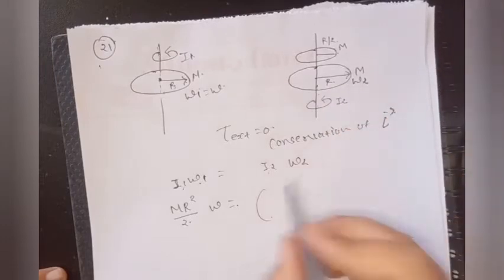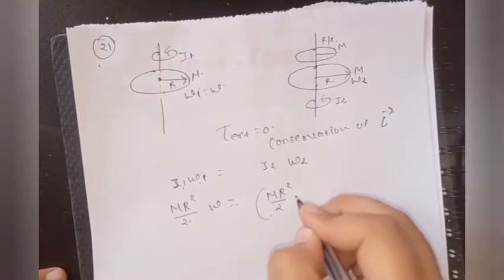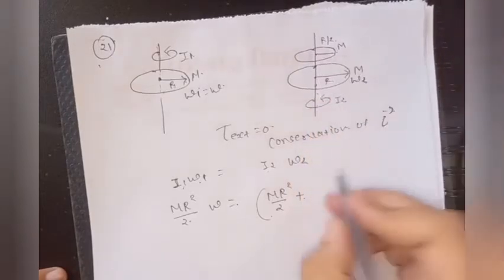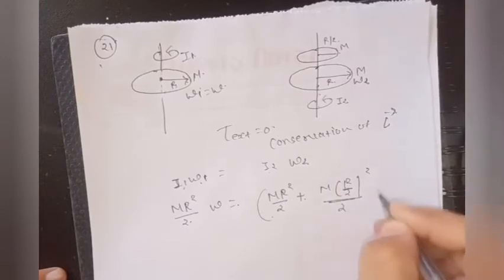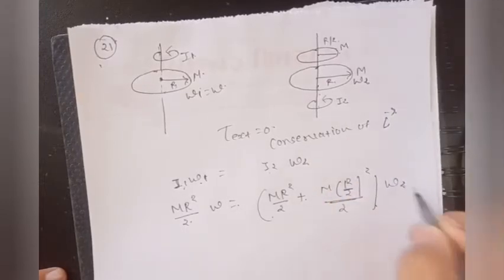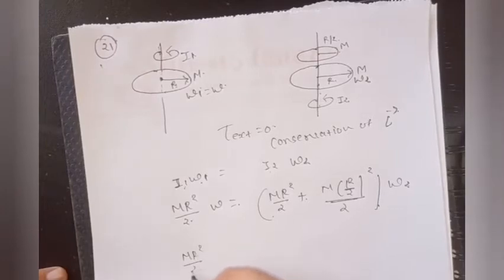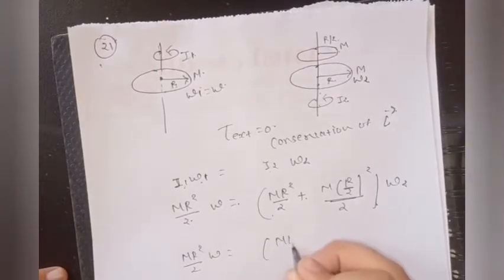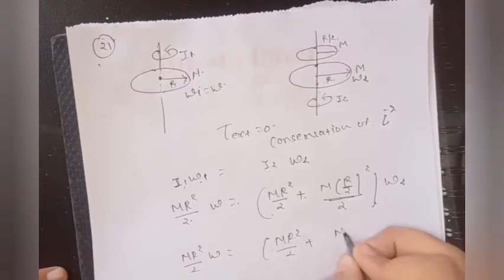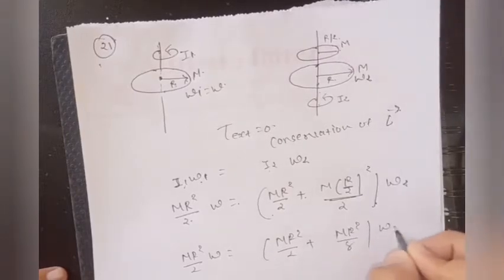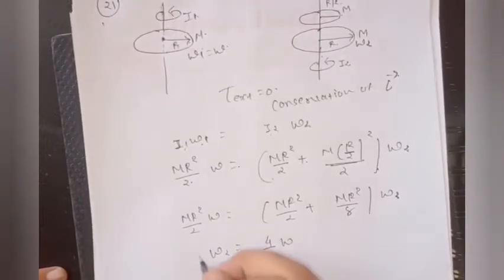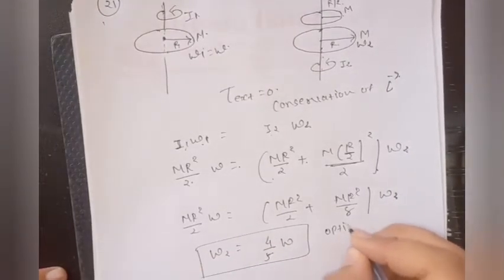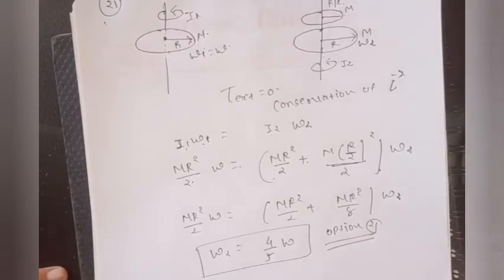Moment of inertia of this disk will be m r square by 2 plus moment of inertia of this disk will be m, its radius is r by 2, whole square divided by 2, and their combined angular velocity is omega 2. m r square by 2 omega is equal to (m r square by 2 plus m r square by 8) into omega 2. By simplifying this we can get omega 2 is equal to 4 by 5 omega. So option 2 is the correct option.